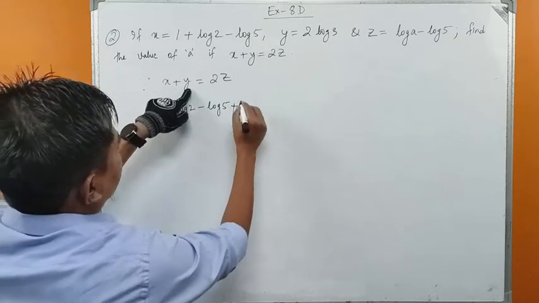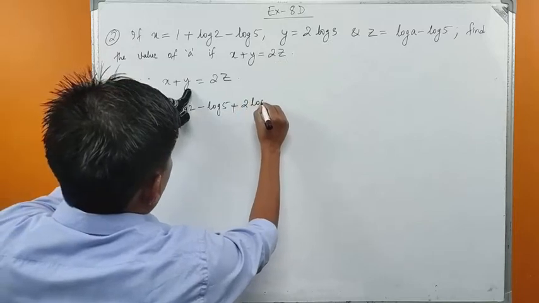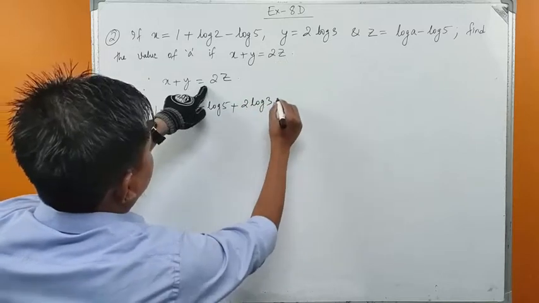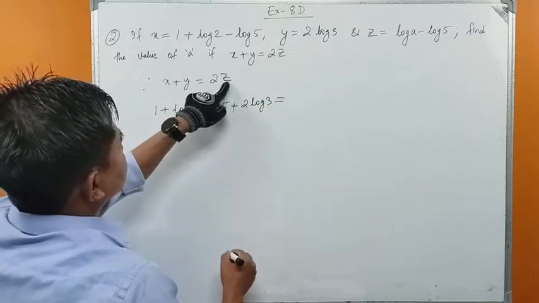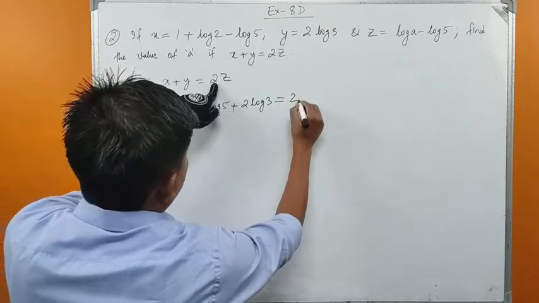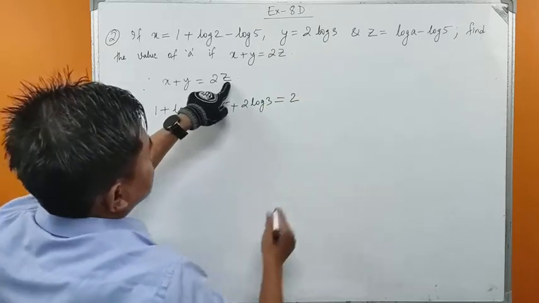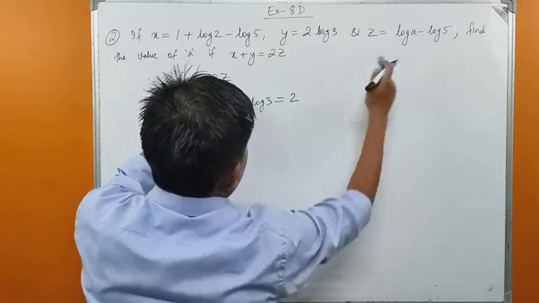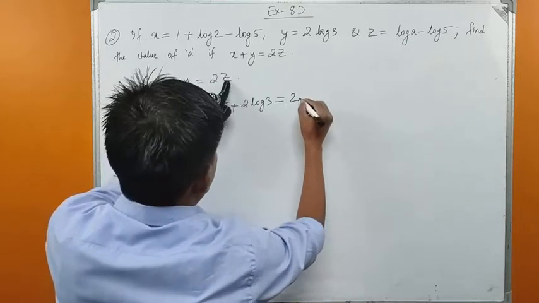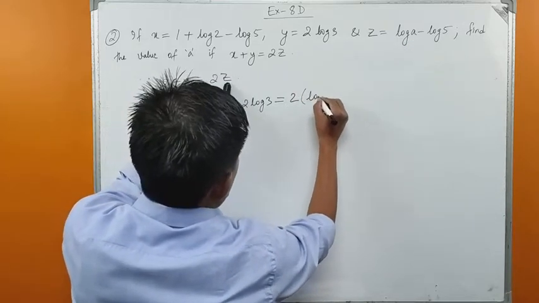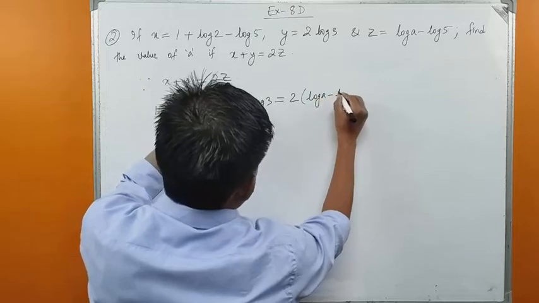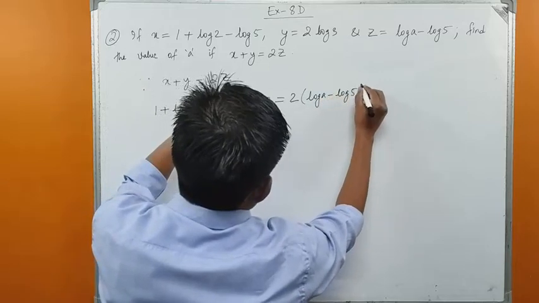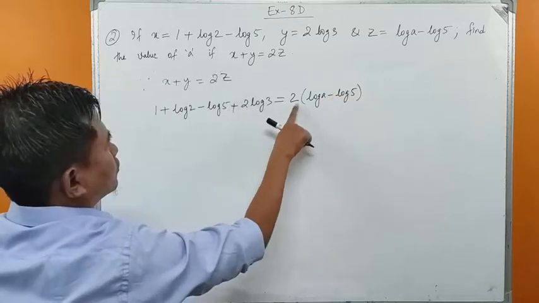Instead of y, I write 2 log 3, equals to 2z, isn't it? So we write 2 here as it is. z means log a minus log 5. So instead of that, 2 times log a minus log 5.